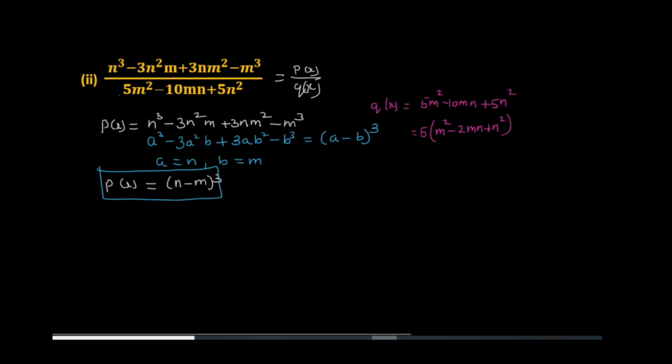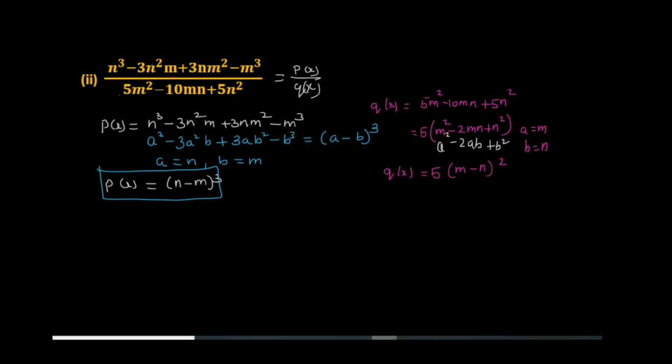This is in the form of a squared minus 2ab plus b squared, so we can factorize it. Q of x is nothing but 5 times m minus n the whole square, because in the denominator our a is m and our b is n.